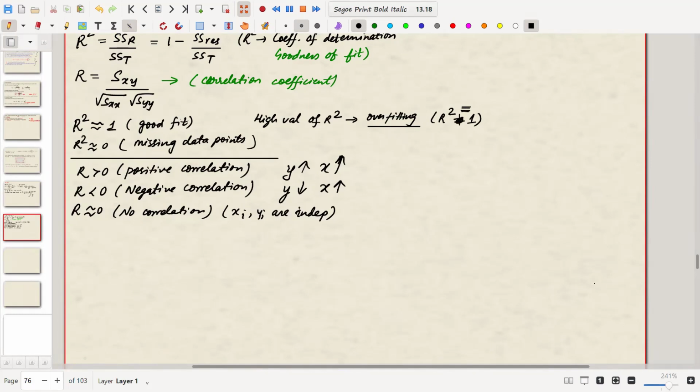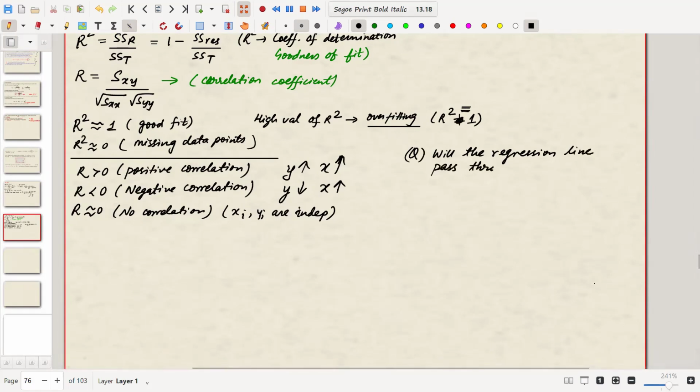I also have this question for you. Will the regression line pass through the point X bar, Y bar? What do you think?